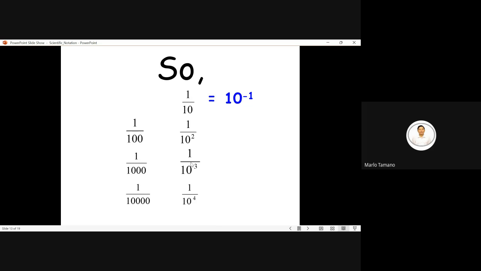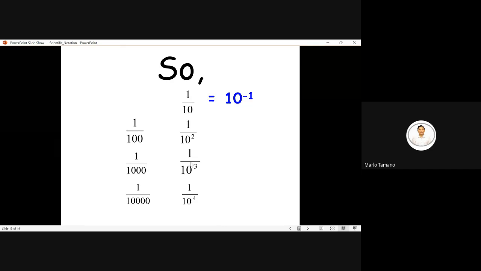Now, what is the equivalent of 1 over 10 in decimal? That is 0.1. By dividing 1 by 10, we get 0.1.